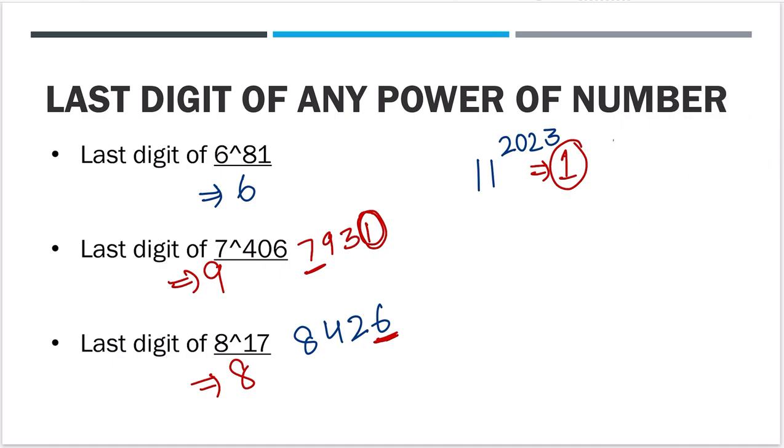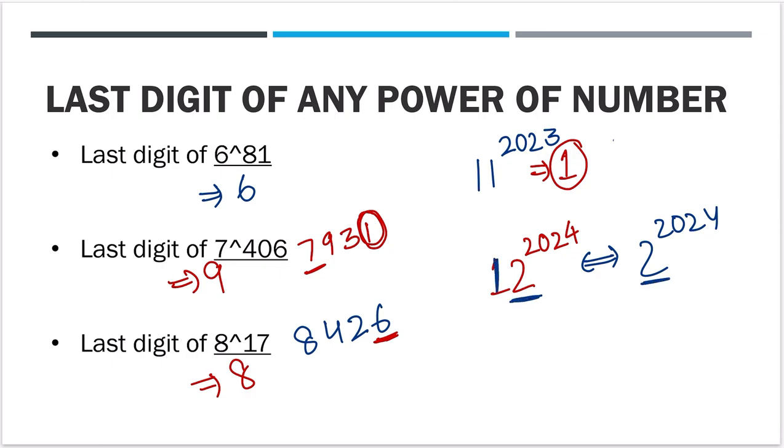So moving on, if they ask you what is 12 raised to power 2024. See, whenever they move to 2 digit raised to power and 3 digit raised to power, nothing changes. This is as good as 2 raised to power 2024, because we are only checking for the last digit. So the last digit only comes from this part and not from 1.